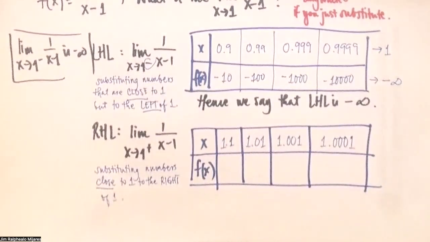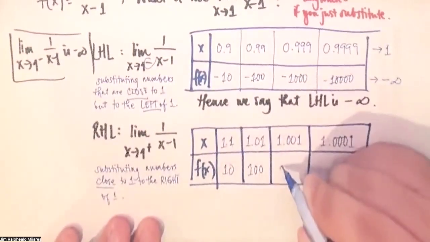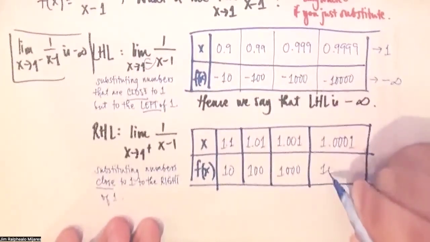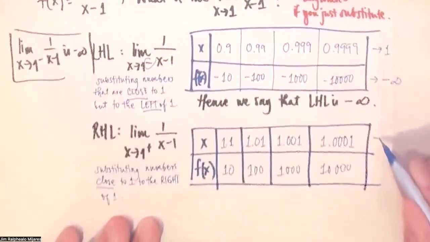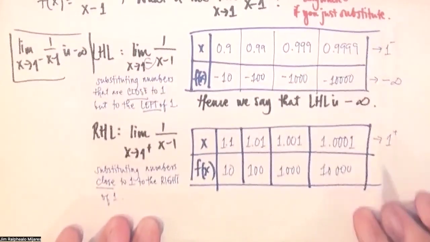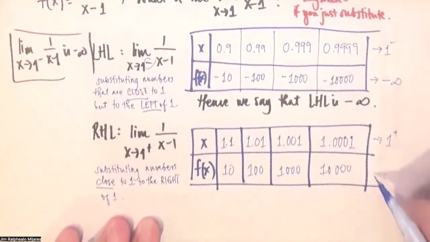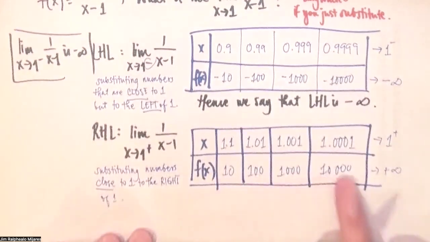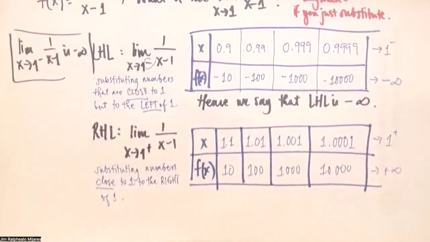And we're going to find out that the function values are just positive 10, positive 100, positive 1000, positive 10,000. And we see the pattern that x gets closer and closer to 1, this time from the right. And we see that the function value goes to positive infinity, because it is becoming larger and larger, but it's positive.